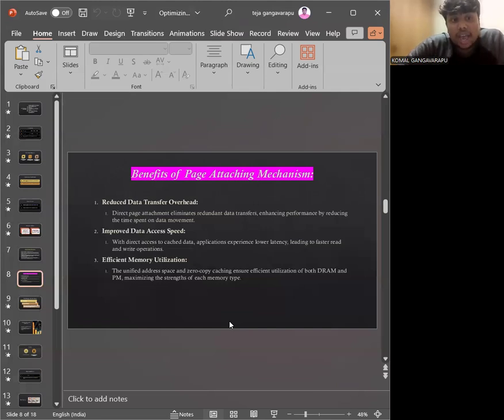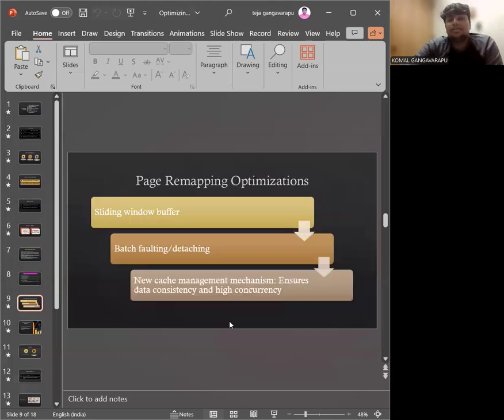It also gives efficient memory utilization: the unified address space and zero copying cache ensure efficient utilization of both DRAM and PM, maximizing the strengths of each memory type.